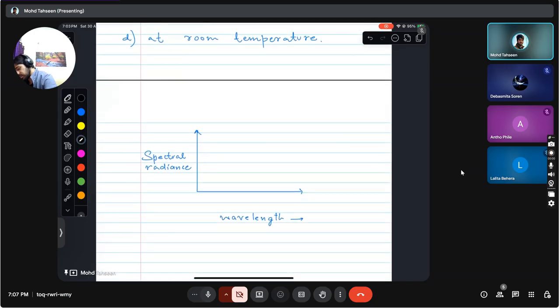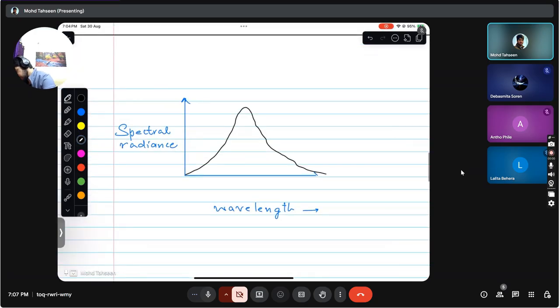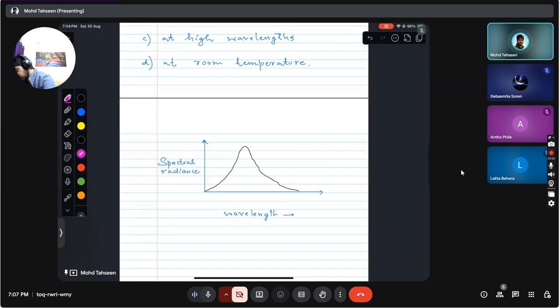The experimental results show us a graph of something like this, but what the Rayleigh-Jeans law predicts is a distribution of something like this.